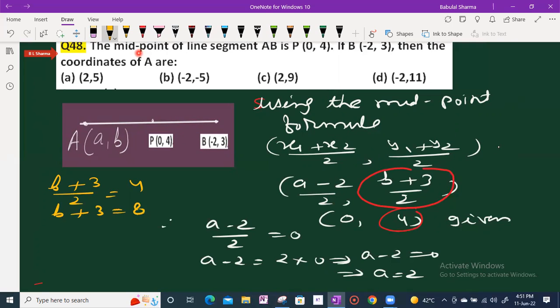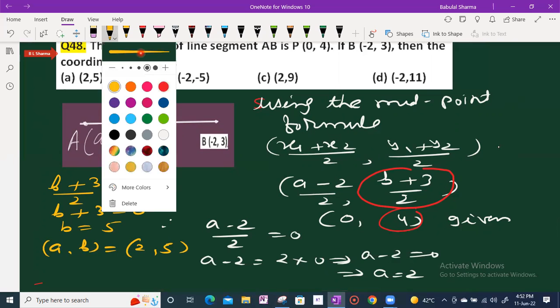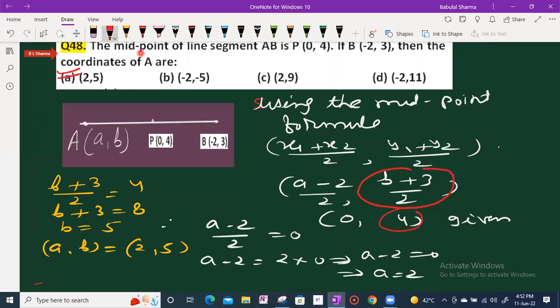So b plus 3 is 8, and b is equal to 5. So (a, b) is (2, 5). So which is the correct answer here? Did you find the option? Yes, that is (2, 5), which means A is the correct option here.